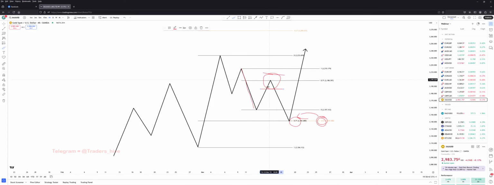It can be anywhere. But if it rejects there, it usually just goes to the minus 0.27 level. So when this aligns right there, the 71 matches with the minus 0.27, it means that the shorts are basically going to lead down to the 71 level.